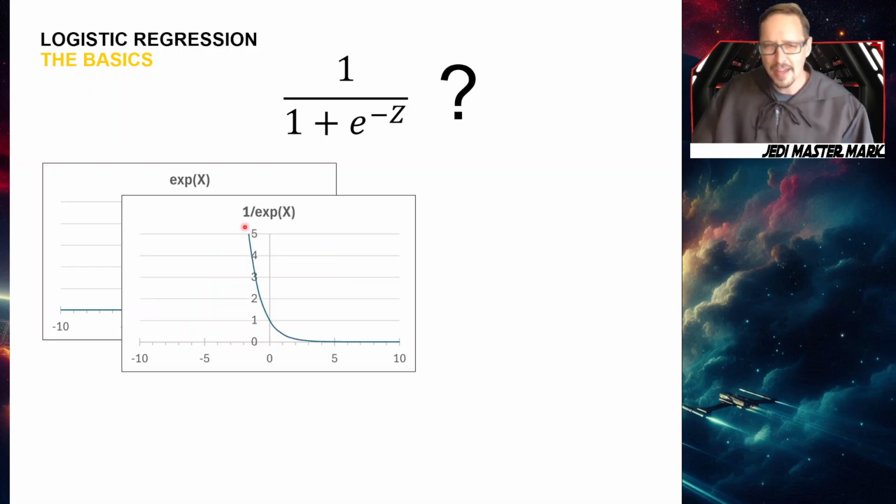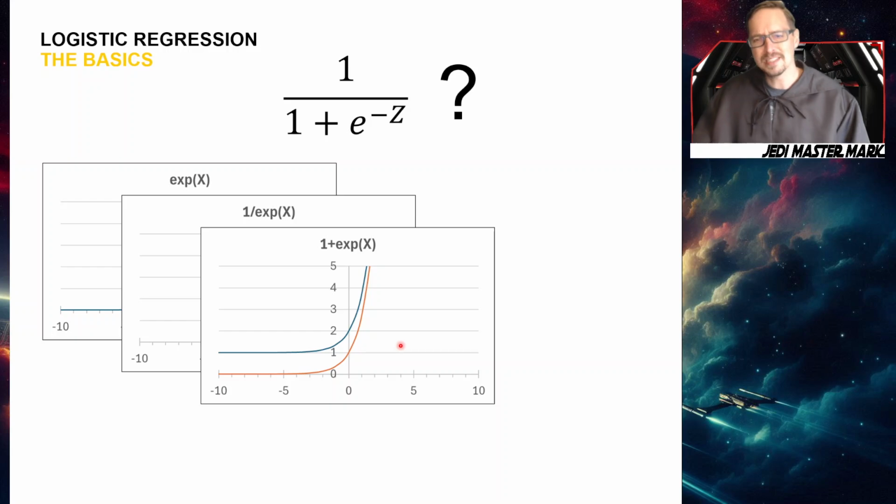Now, if you divide 1 by the exponential of x, you're going to kind of flip the graph, so to speak. So 1 divided by that, as you go more negative, you're going to increase the value. And as you go more positive, you're going to decrease down to 0. These give you a flavor for where we're going with this.